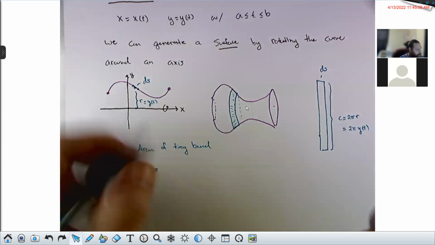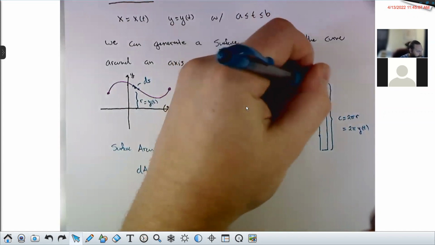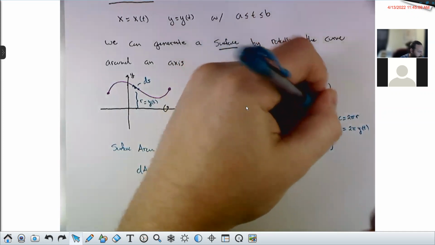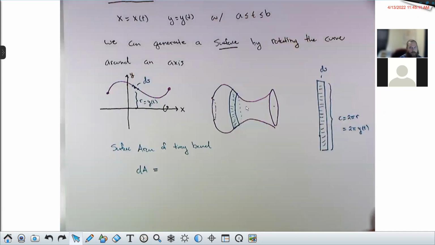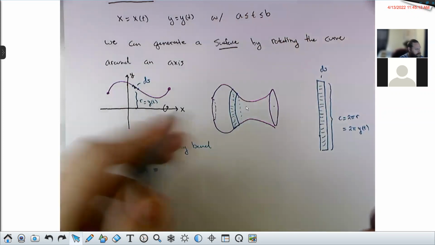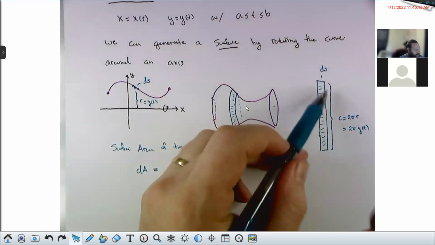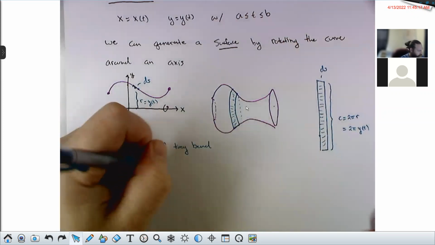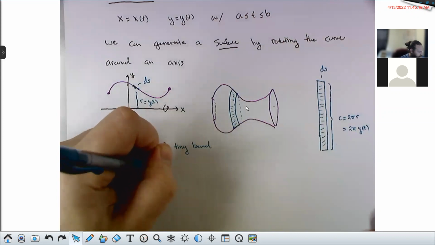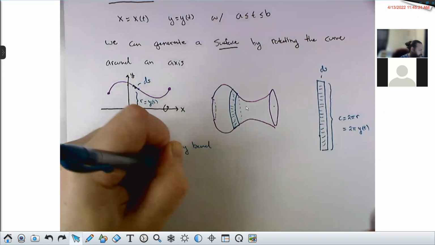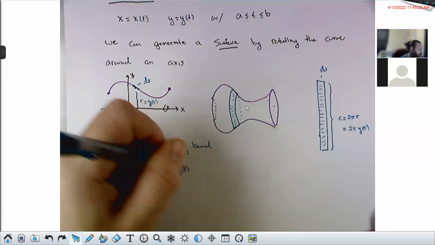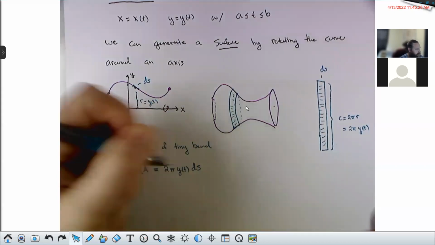Which means that my little bit of surface area here, the area of this tiny little band, is going to be this width times this height, which is going to be 2 pi times y of t times ds.